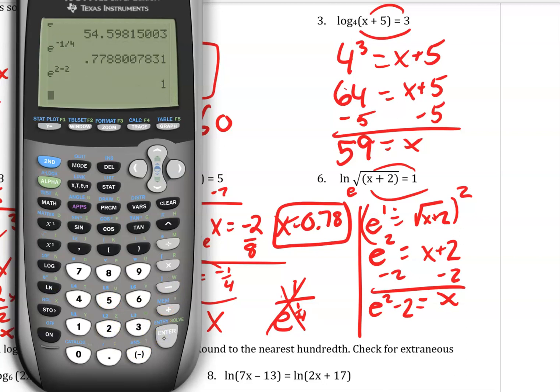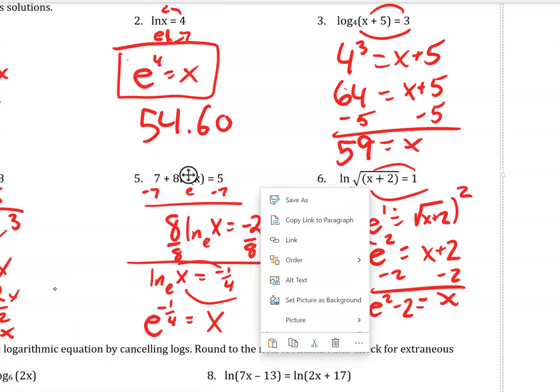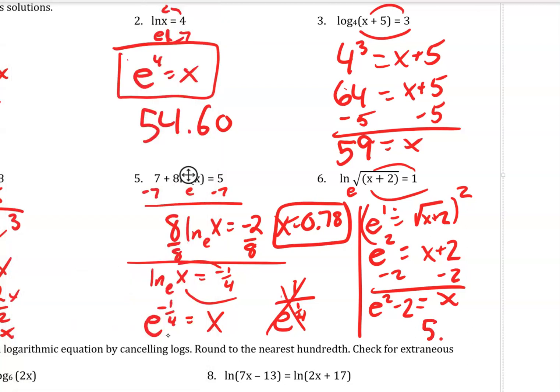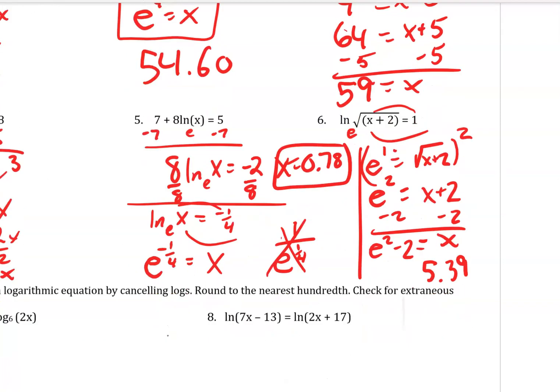Oh, forgot to get out of my exponent. Let me do this again. E to the x, e squared. Get out of your exponent. Minus 2. Enter. 5.389 and change. So we will round up to 5.39. E is a number, 2.7. 2.7 squared minus 2.